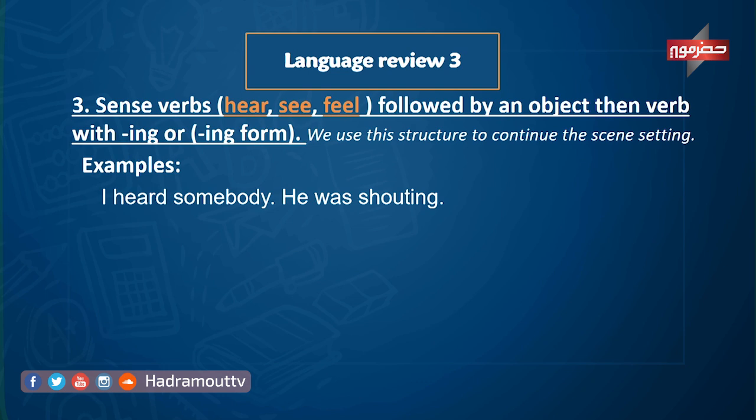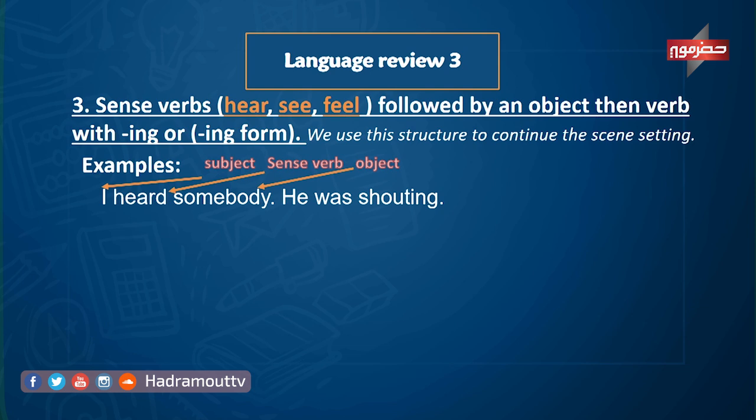I heard somebody, then he was shouting. Here is a sense verb, and the rule says a sense verb must be followed directly by the verb with ing, okay? Where's the sense verb here? Here is the subject, I. Sense verb, heard. Object, somebody, okay.